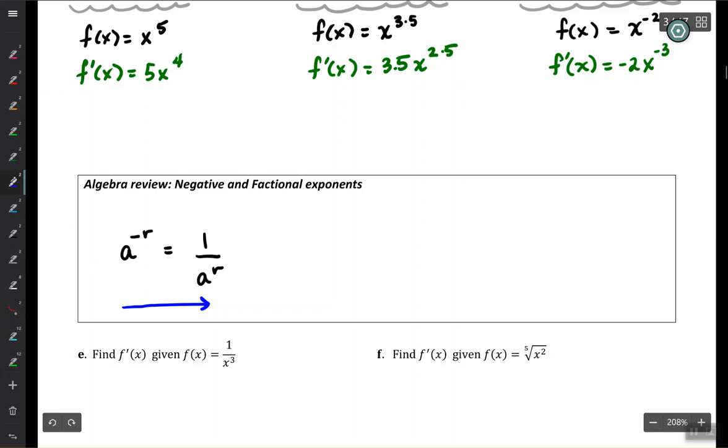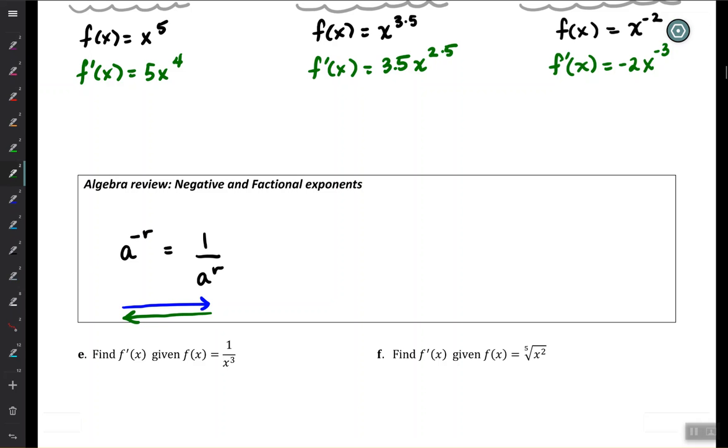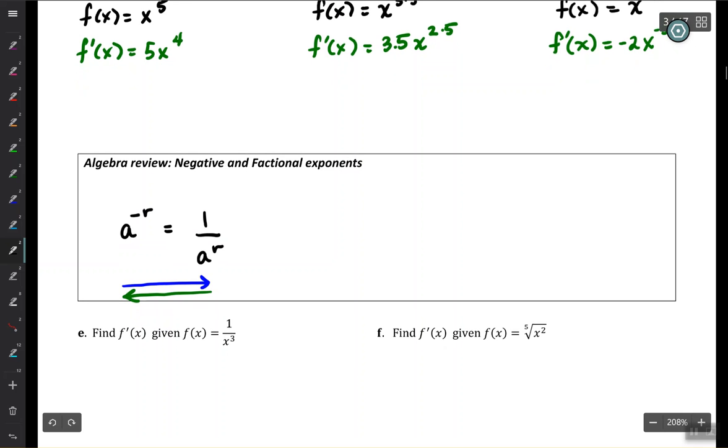But in your calculus class, I want to write things with negative exponents so that I can use my power rule. And I just wrote a for any base, but I think I'm going to make them x's.